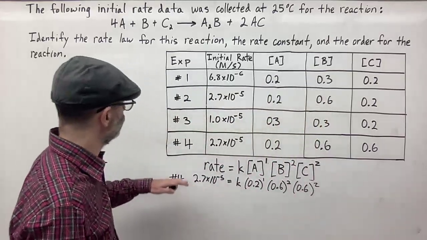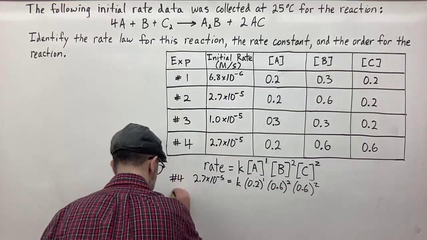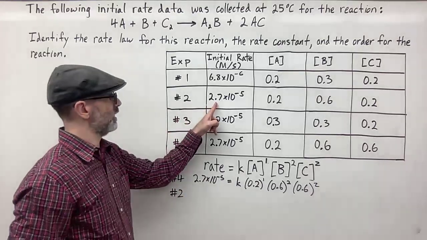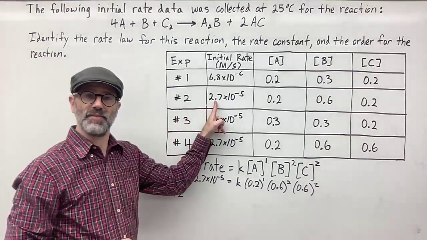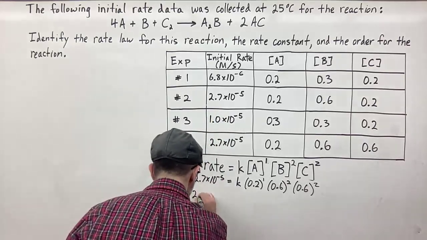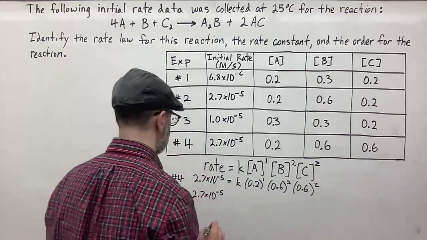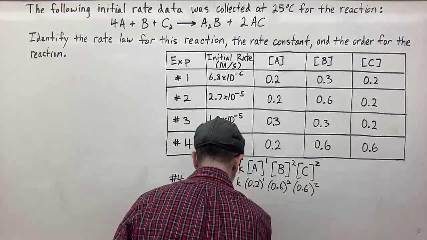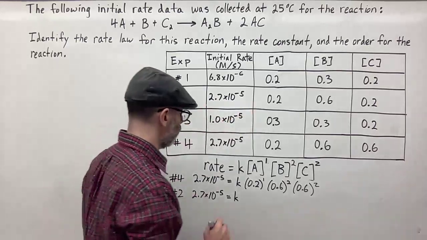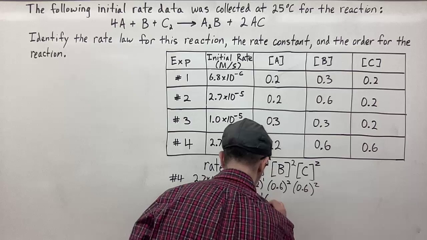So next we do number 2. So for number 2, the rate is 2.7 times 10 to the negative 5 again, equal to K times 0.2 for A to the 1 power.